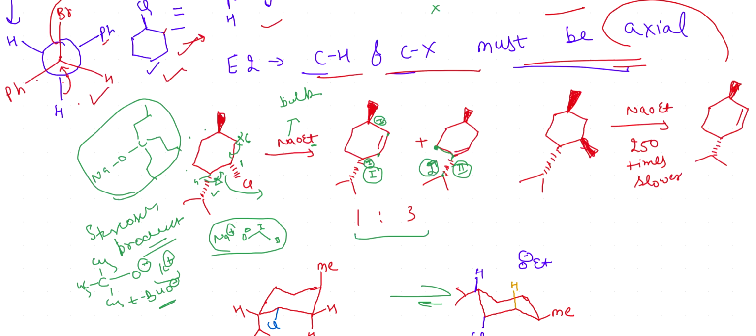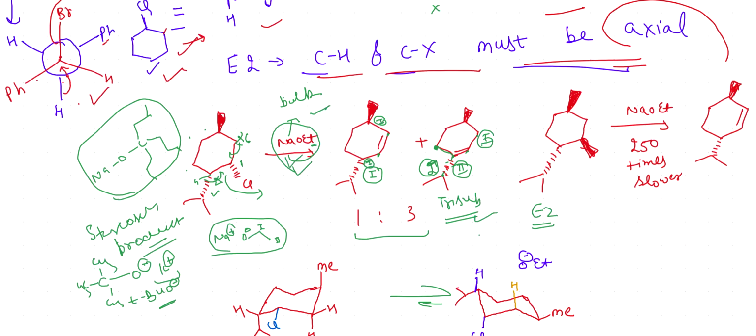So 2 plus 1, 3. So this is tri-substituted. So here tri-substituted alkene will be the major product. So for regioselectivity you have to check also what kind of base you have been using in the E2 elimination reaction. Less substituted product can also be the major one, but you have to check what kind of base we have been using, whether it is bulky or not. Clear?